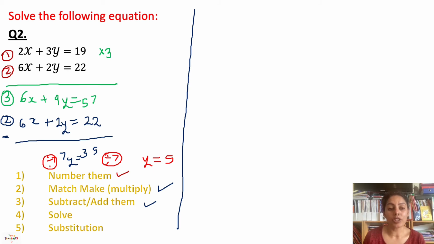Now we're going to do substitution here. Okay, so I want to choose number 2. So 6x plus 2y equals 22, right?